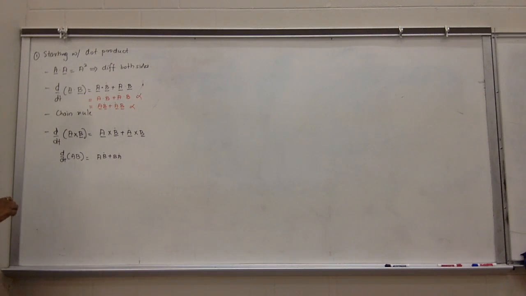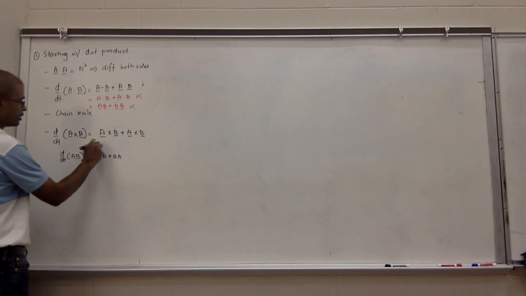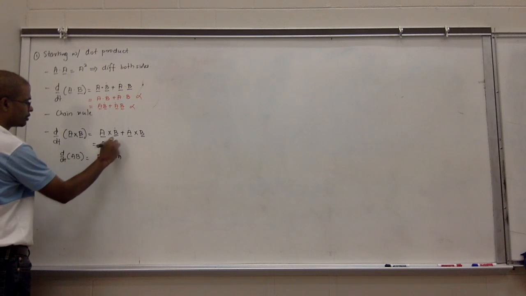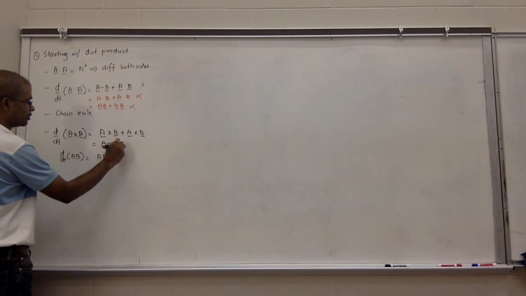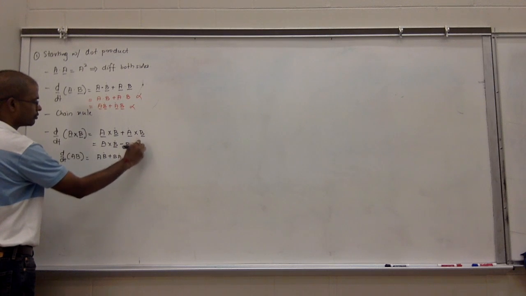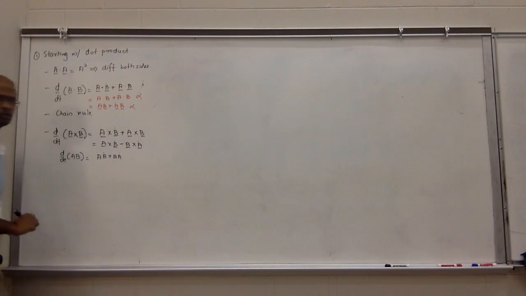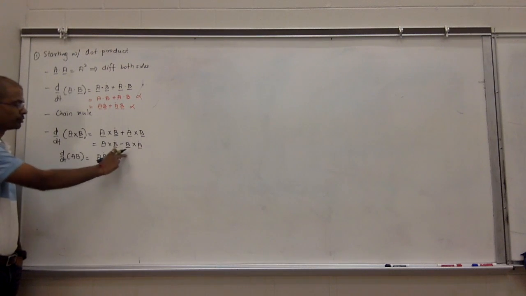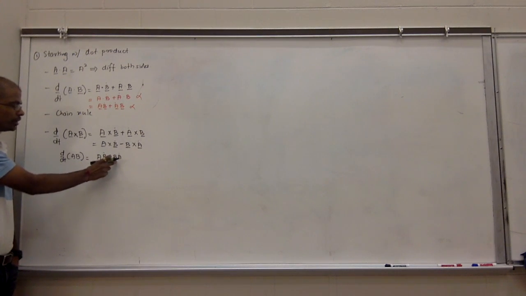For the cross product, this is also equal to A cross B dot minus B cross A dot. So you can look at the similarities here. A B dot plus B A dot.